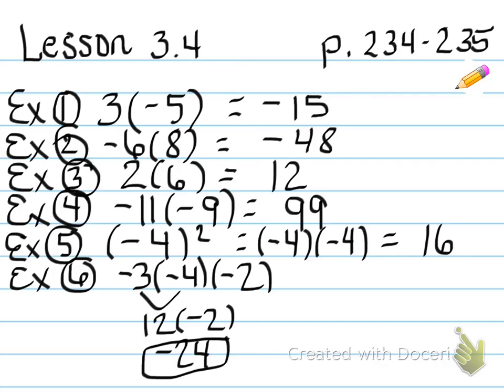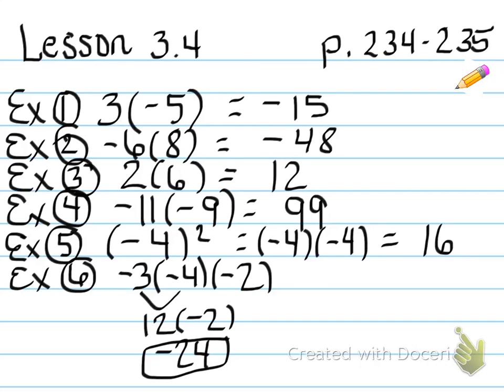Alright, from the lesson 3.4 examples on pages 234 and 235. I put all of the examples on one page, and so you can do the got it's on the next page. We went through these examples in class talking about same signs have a positive answer, unlike signs have a negative answer.